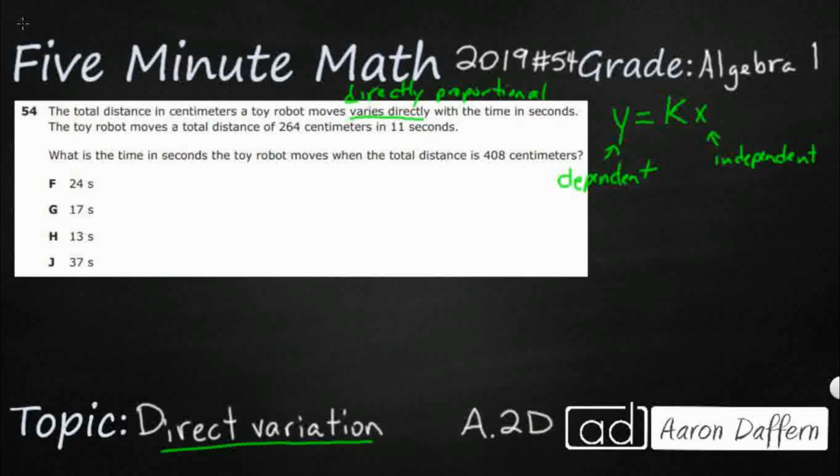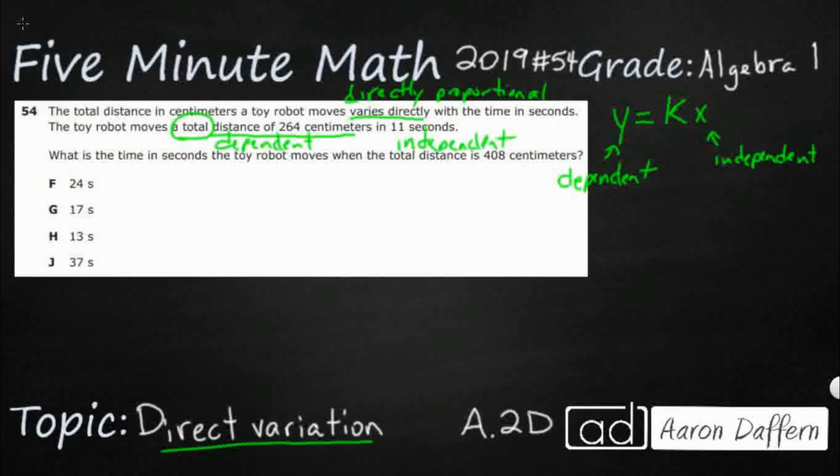So it moves a total distance. See the word total? That's a clue that lets you know that 264 centimeters is going to be our dependent variable. Typically, the independent variable is your x, the amount of time.